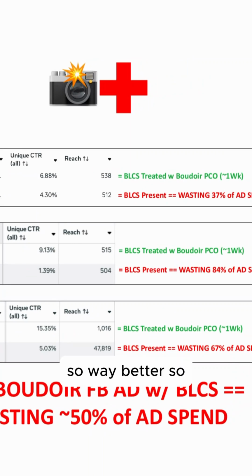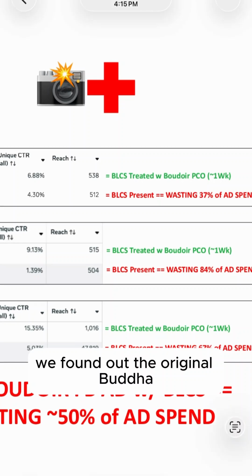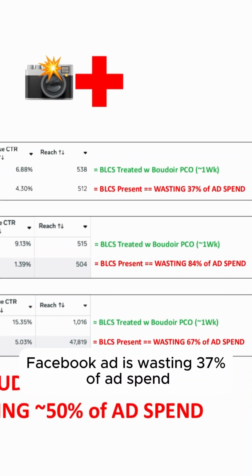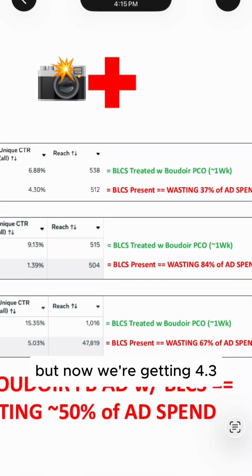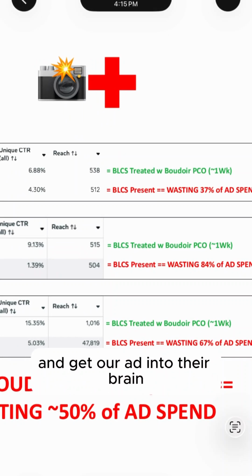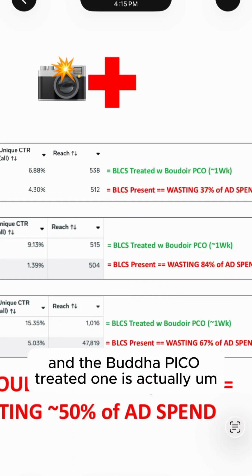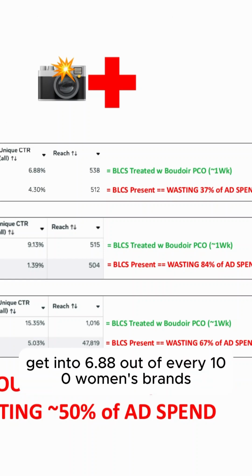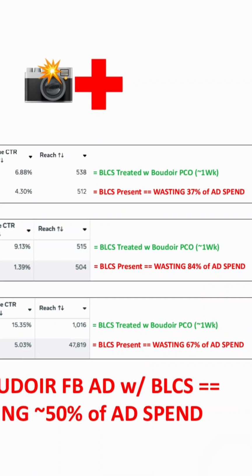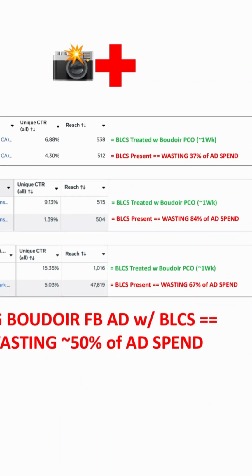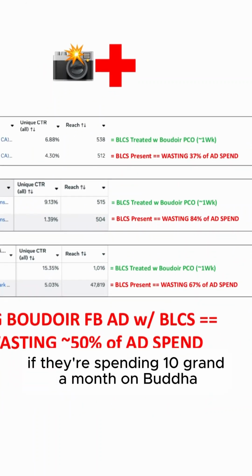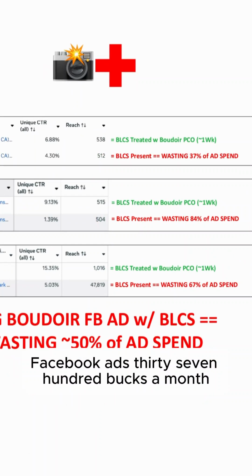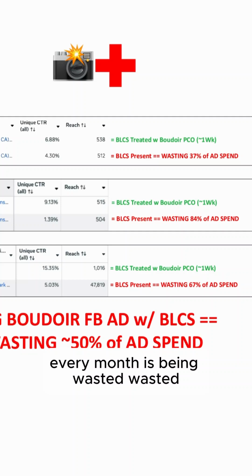So way better. So we found out the original boudoir Facebook ad is wasting 37% of ad spend by only getting 4.3 out of 100 women to click somewhere on it and get our ad into their brain. And the boudoir pico treated one is actually getting to 6.88 out of every 100 women's brains. So if they're spending 10 grand a month on boudoir Facebook ads, 3,700 bucks a month, every month is being wasted.